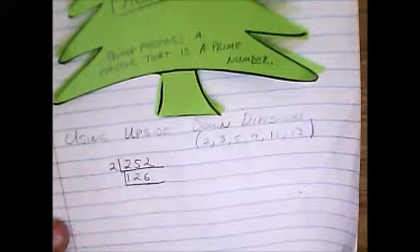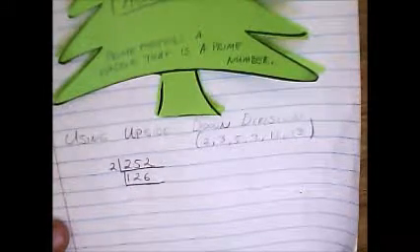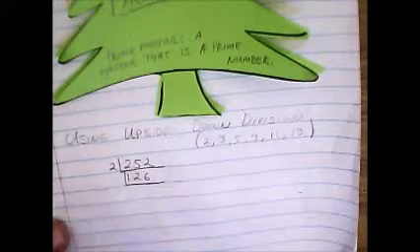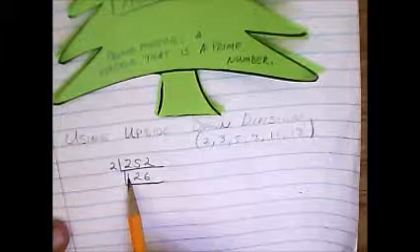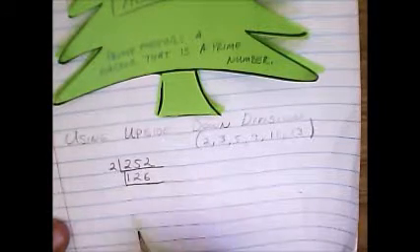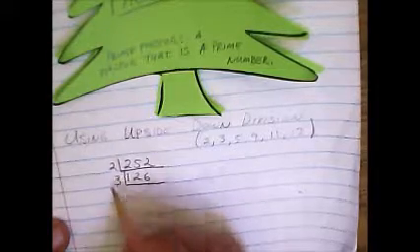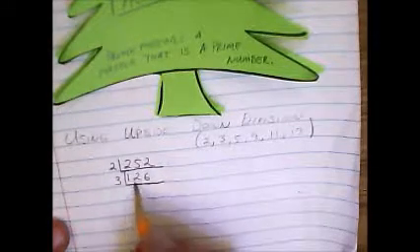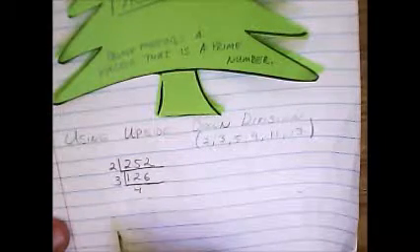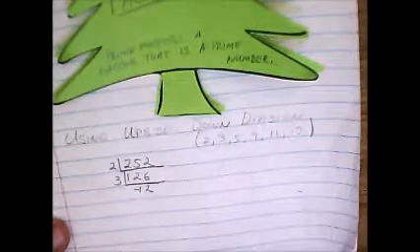Let's talk about that rule of 3 with divisibility rules. If I added all of these digits up, I would get 9, right? Can 3 go into 9? Yes, it can. So let's put 3 here. 3 would go into 12 four times and would go into 6 twice. Now I have 42.